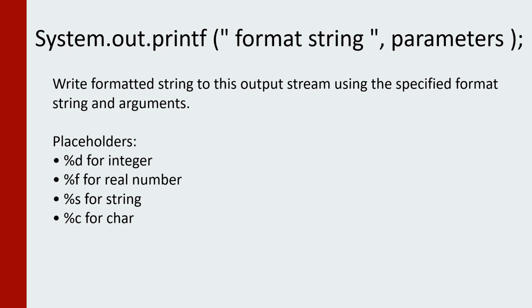Basically, in the first argument in the parentheses, you're going to have whatever string you want to have formatted in there, and then after that, you'll have parameters. So I can put in a string. I can then put any of these placeholders, %d, %f, %s, %c, which will format the string in certain ways, depending on the parameters, which are also saved as variables.